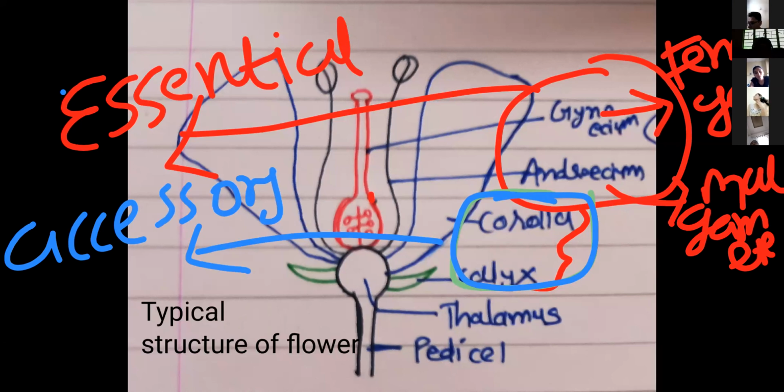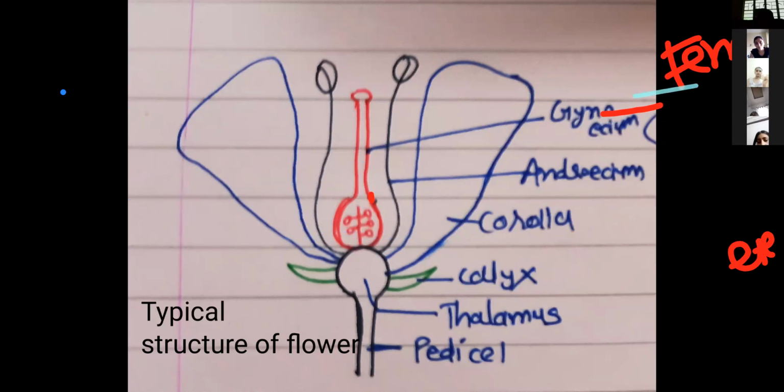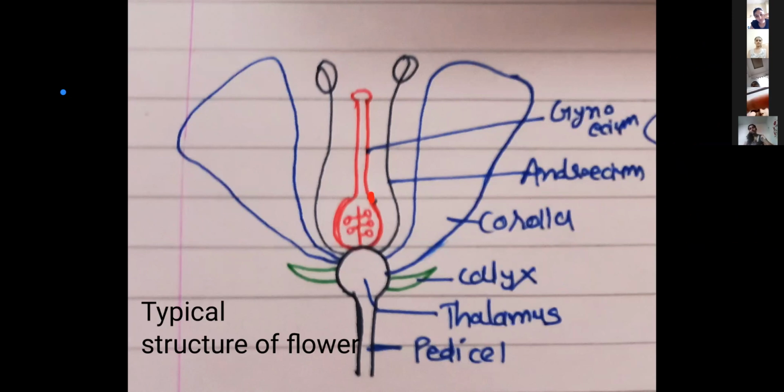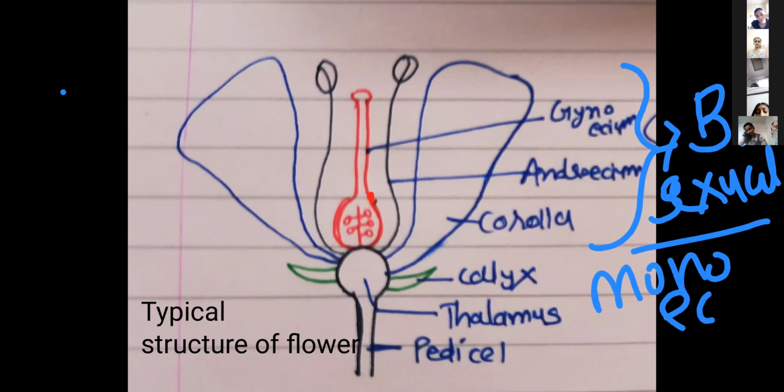Now next, the flower in which both the essential whorls are present, androecium and gynoecium, this type of flower we call bisexual, or other term, monoecious.